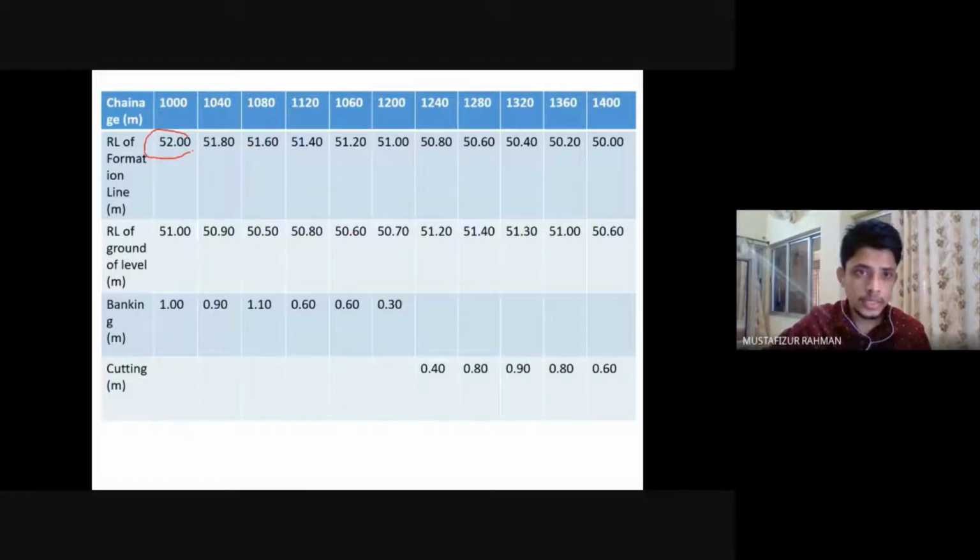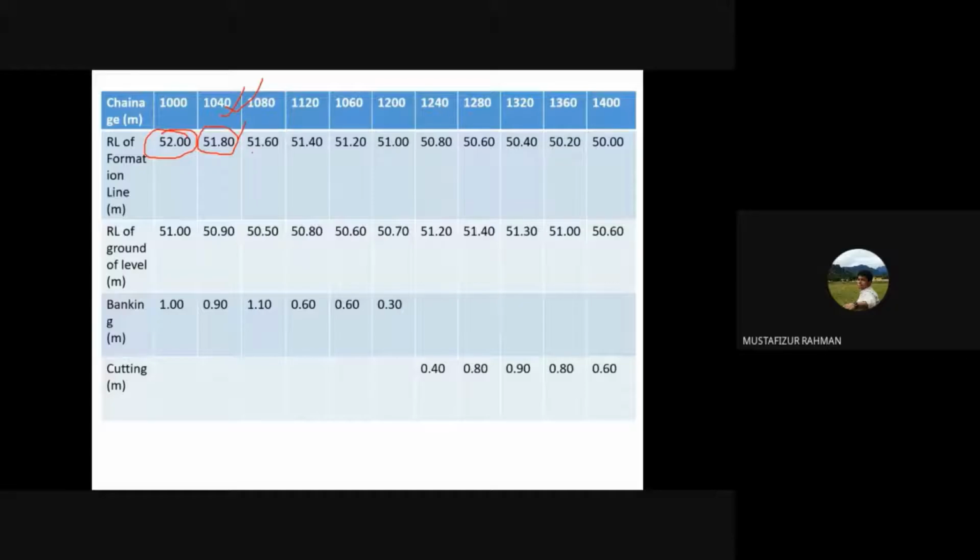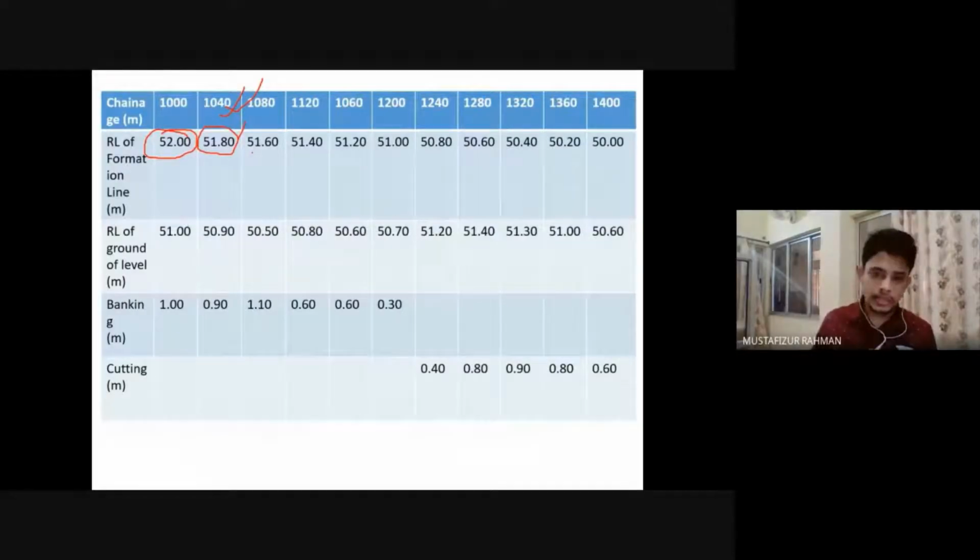This beginning was given to us, and the gradient was given to us as 1 in 200. That means if it is 200 meters, it is 1 meter in the vertical direction. In 40 meters, it is 1 by 5, that means 0.2 meter.